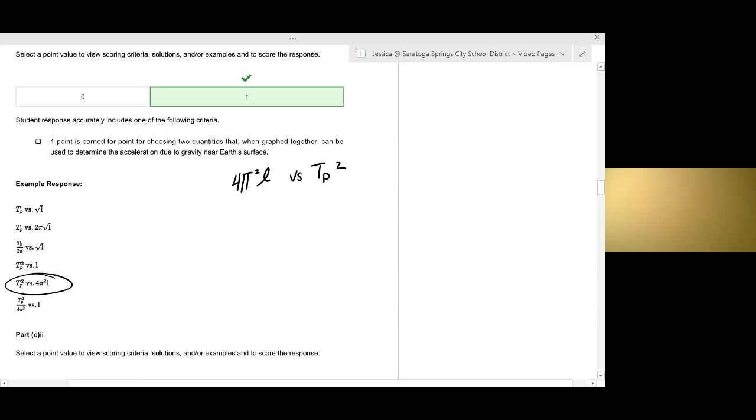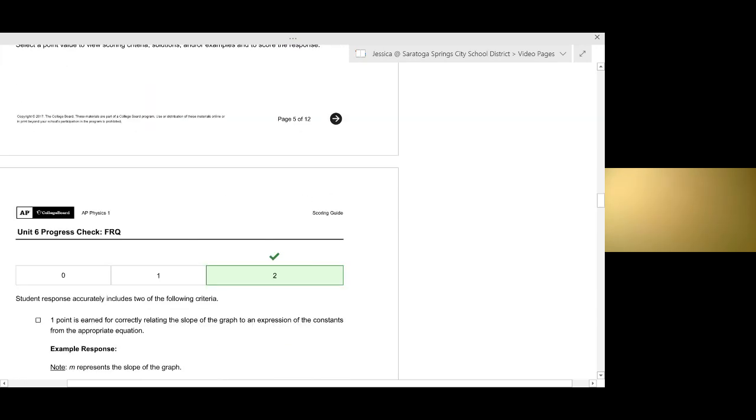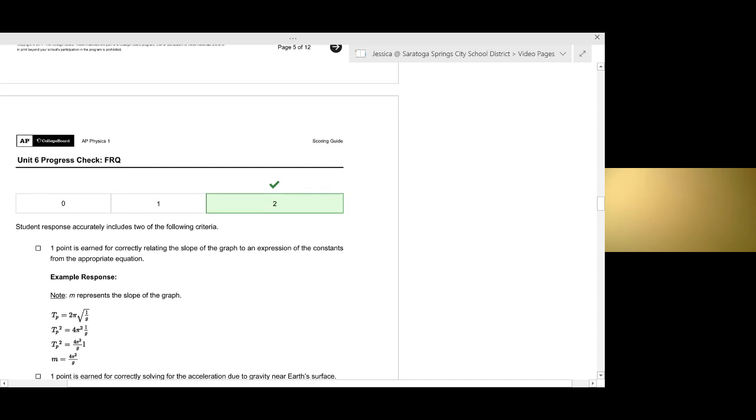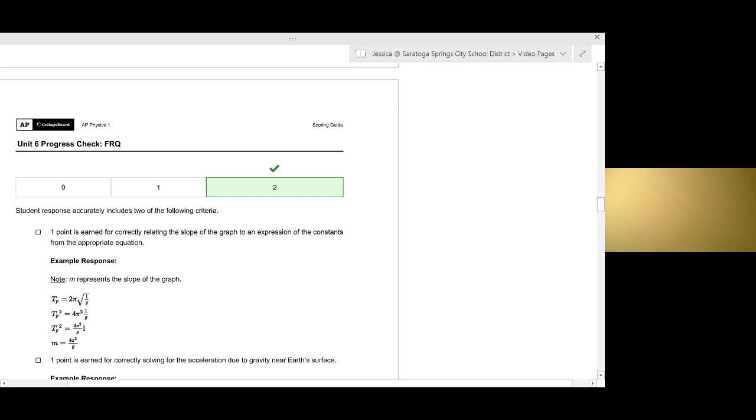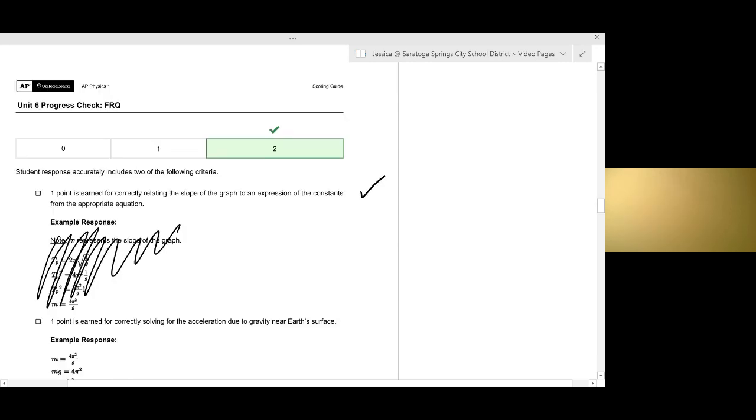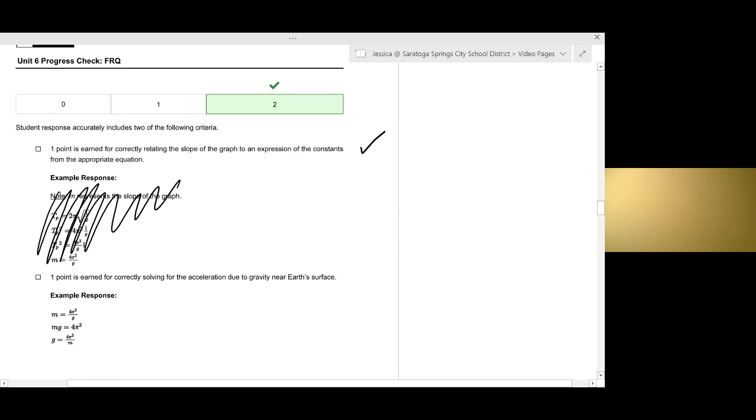Okay, so I get that point, and then I get a point that the slope, oh, it looks like they forgot to. So 1 point is earned for correctly relating the slope of the equation to the graph. I did that. So this example is not what I did, which is why it looks wrong. And then 1 point for correctly solving for the acceleration due to gravity, which I did. Hooray. I did it all.